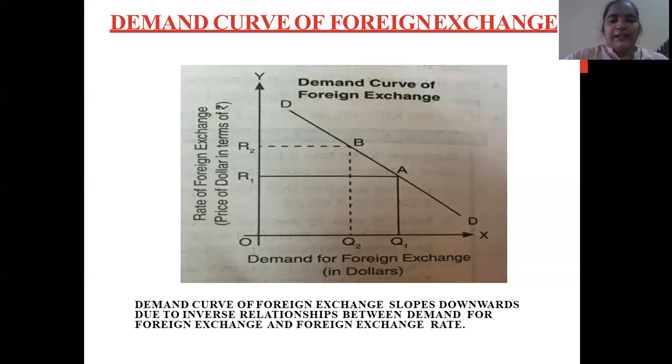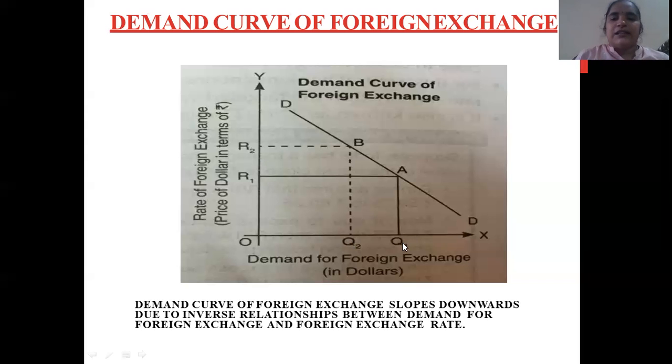So you have seen that. Say for example, the price is R2 here, the quantity of the currency demanded is only Q2. If the price decreases from R2 to R1, the quantity demanded increases from here to here, or you can take it the other way around.